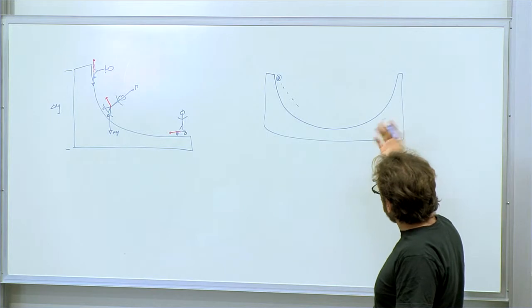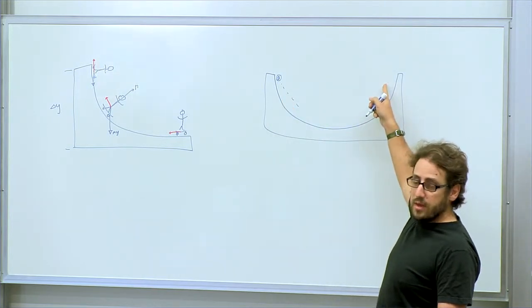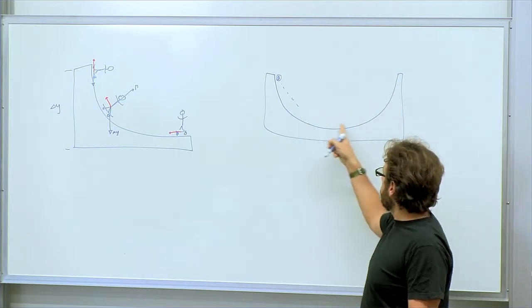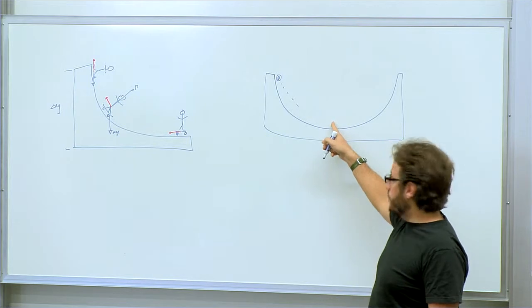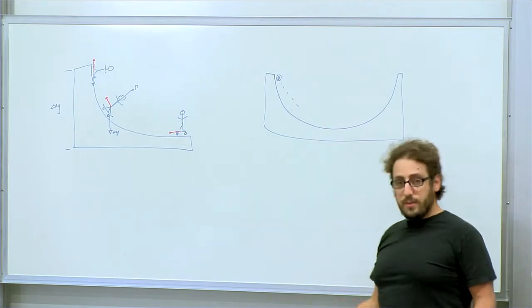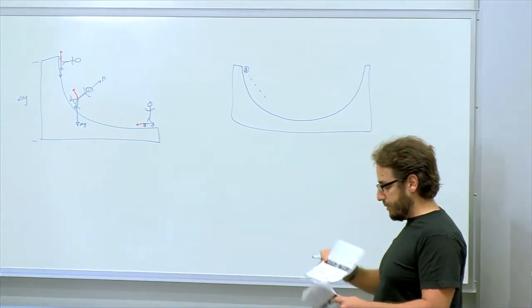If there was friction, of course, it would slide down, not come quite as far up, because some of the energy would be lost due to heat. And then back, and it would slowly oscillate in this damped oscillation. And you know what that means if you take the differential equations, and eventually come to rest in the middle with all of the potential energy turned into heat, right? Okay, that's pretty simple stuff.